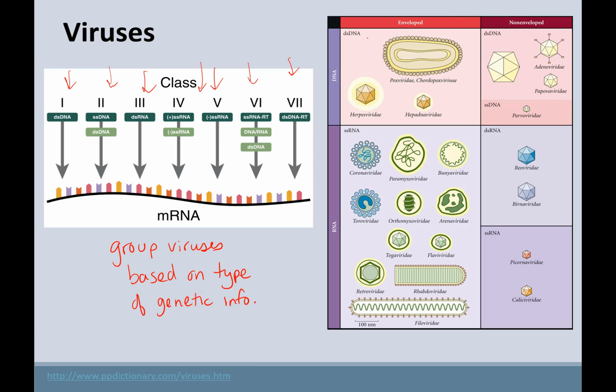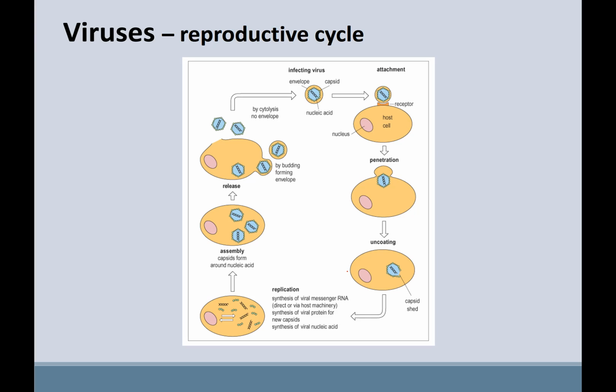This is just to show you also that viruses come in all shapes and sizes. So here's a bunch of naked viruses, here's enveloped viruses, and they can have different looking genomes and they can have different looking capsids. As I said, viruses are obligate intracellular parasites.